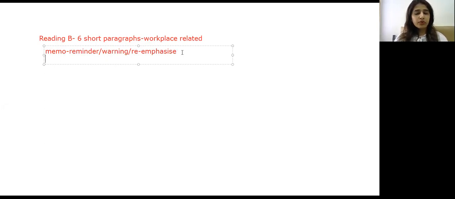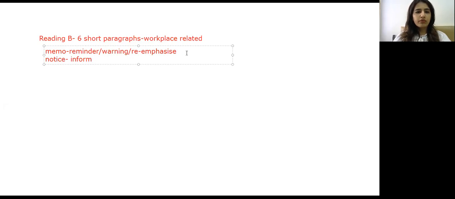Apart from memo, you can have a notice. Okay, what are these notices for? So a notice is for informing. Memo is for reminder. Notice can be for providing information.